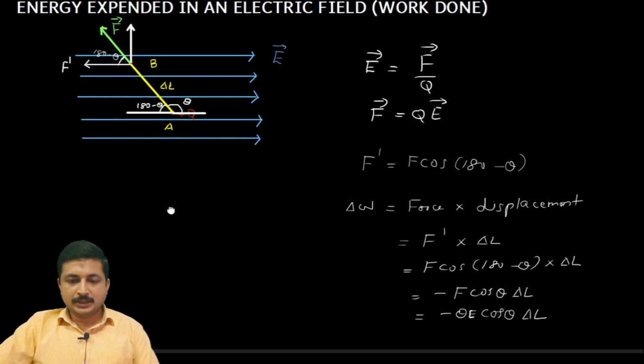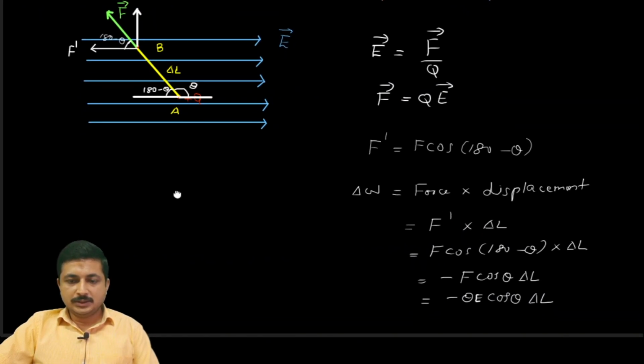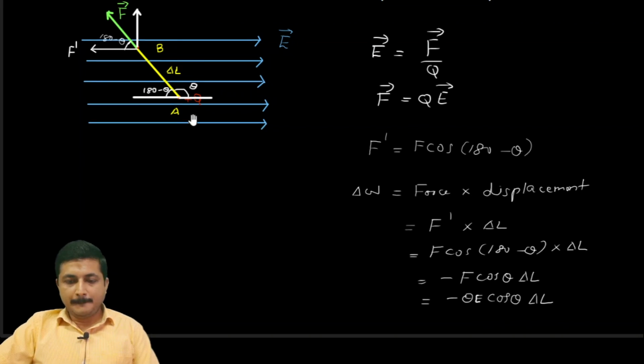Now looking at this, what is minus QE delta L cos theta? If you remember the definition of dot product, E dot delta L can be written as magnitude of E multiplied by magnitude of delta L and cosine of the angle between them.